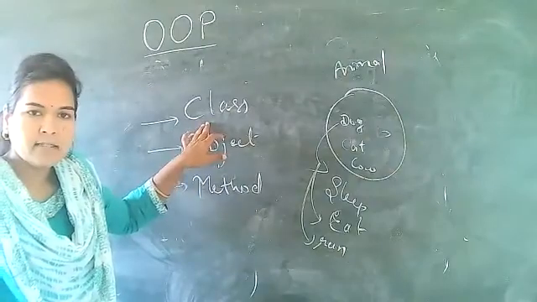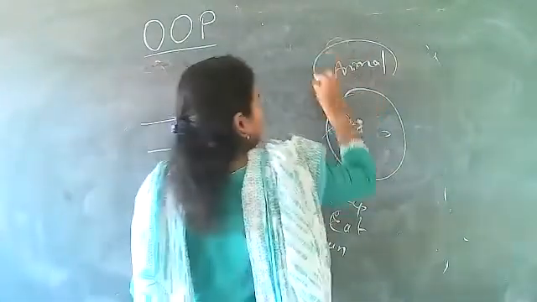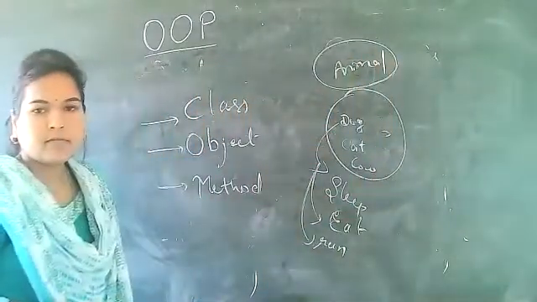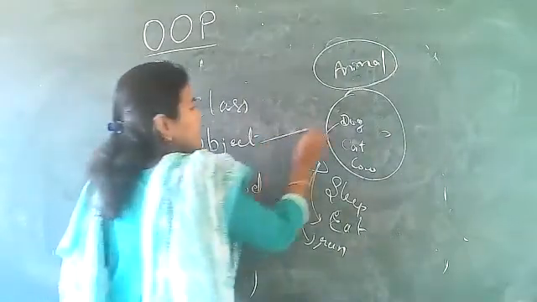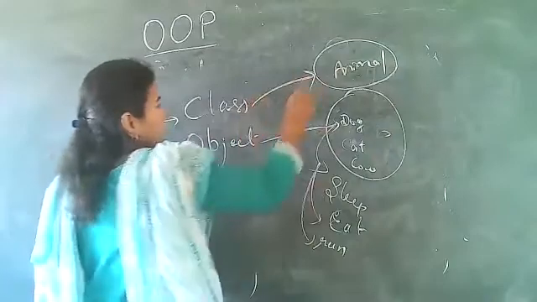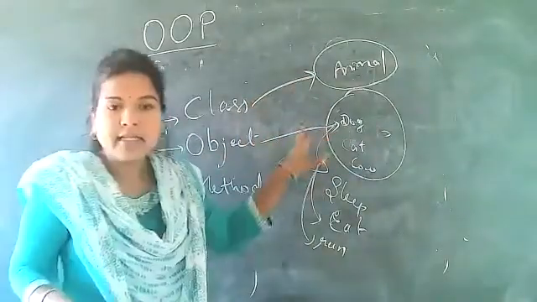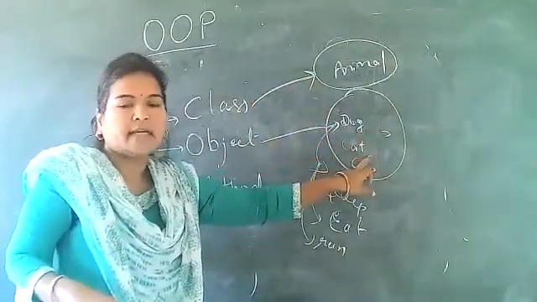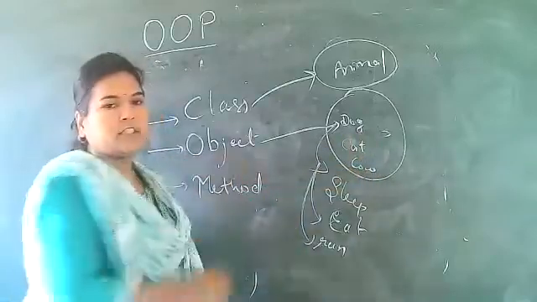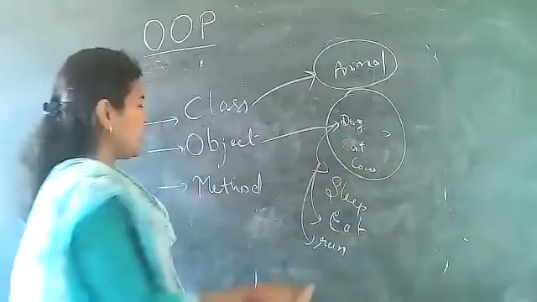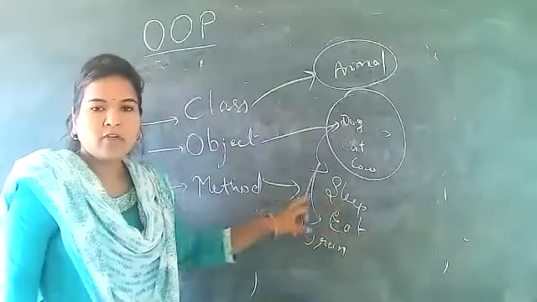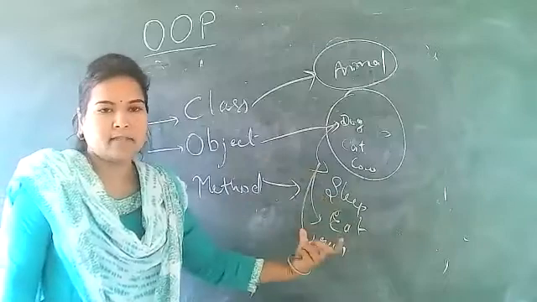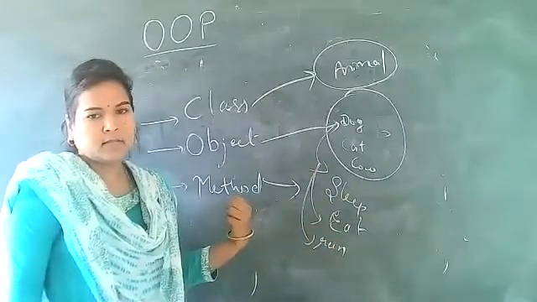What is class? Animal is a class. What is object? A particular animal, a particular dog, cat, cow is an object. What is method? Dog will sleep, dog will eat. It is a behavior, it is a method.